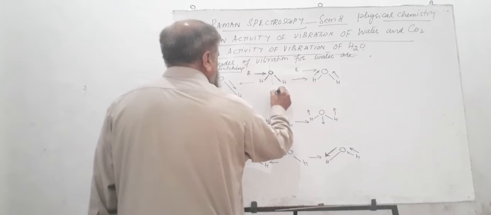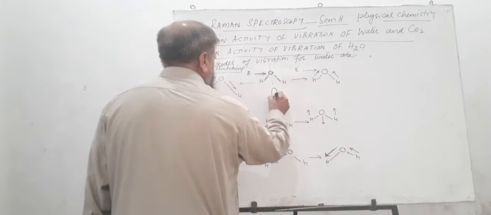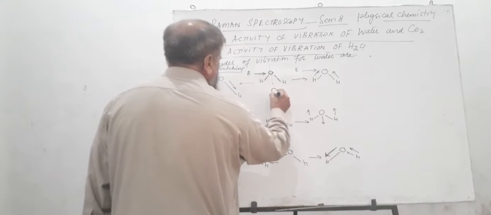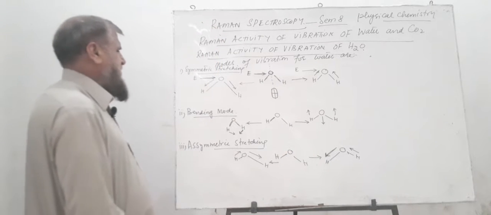Therefore, the polarizability ellipsoid in this case can be shown as the minor axis, which shows high polarizability, and the major axis, which shows small polarizability.